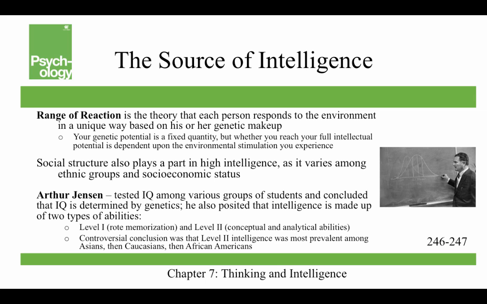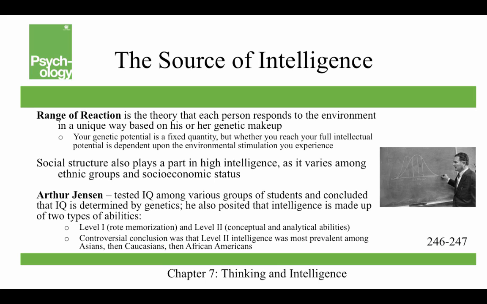Arthur Jensen tested IQ among various groups of students and concluded that IQ is determined by genetics. He also posited, this is incredibly controversial research, let me make sure that that's completely clear too, he also posited that intelligence is made up of two different abilities. So level 1 is rote memorization, and according to his findings, that's consistent across people in different cultures, and he said across the human race.